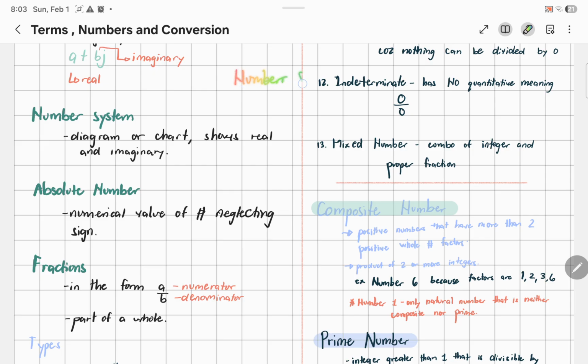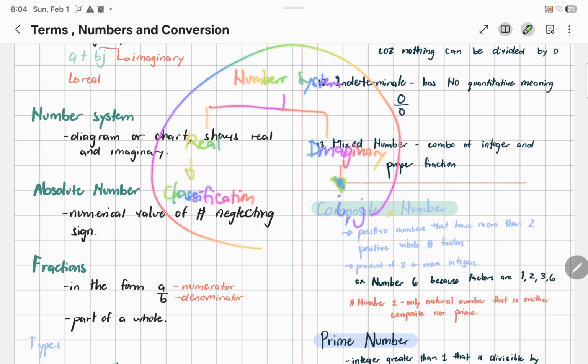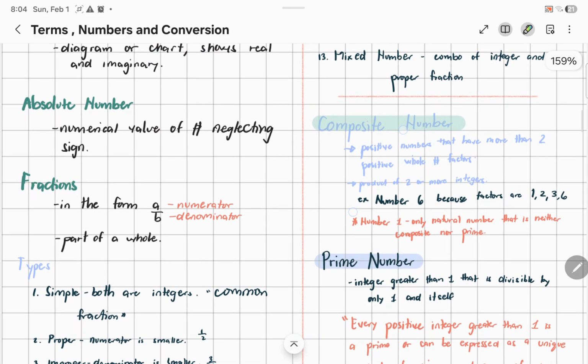This was already explained earlier, so it is categorized into two: the real and imaginary numbers, and earlier we explained the classifications of a real number, right? And also we have explained the imaginary numbers, the i. So that's just the number system. It's just the diagram itself, or the chart.